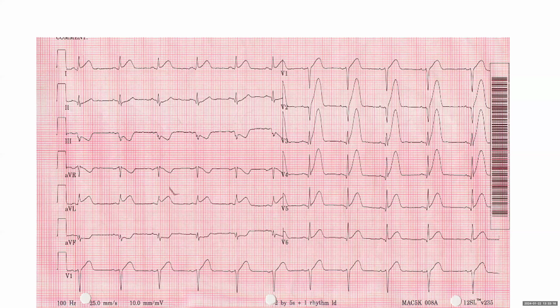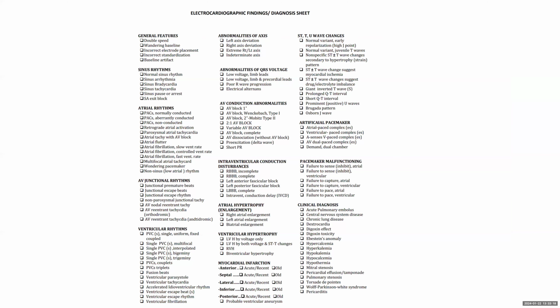Okay, I'm going to show you the code just so you remember the codes. Some of you are writing what we would write in real life, but you need to know the code attached to it. Okay, so you guys said sinus rhythm. This is correct.